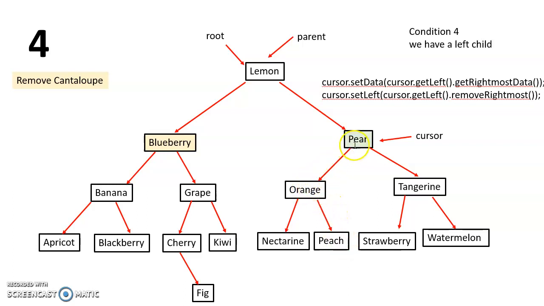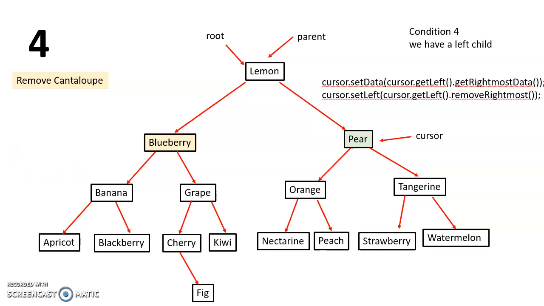And so orange is returning itself to pair and saying, here we have a tree with the rightmost removed. So the gist in condition 4, we have a left child, we go into the left subtree, and we get the rightmost value for doing a remove.